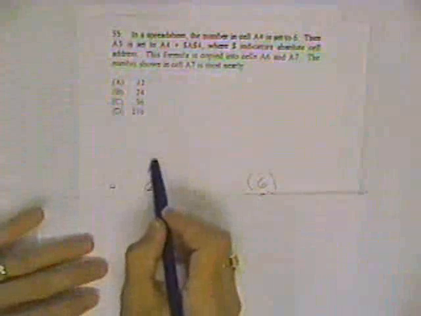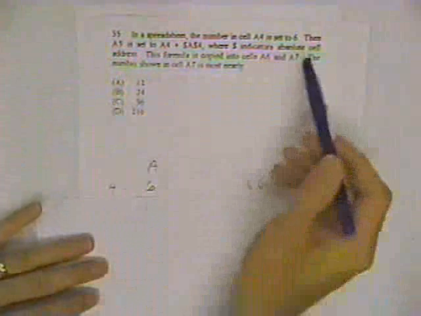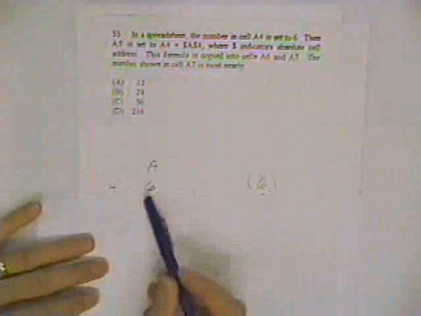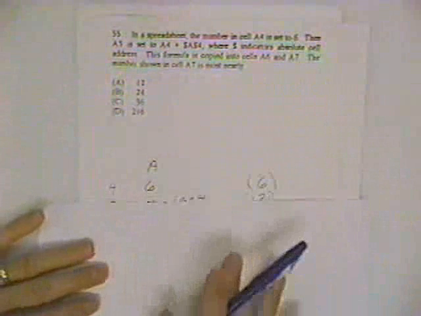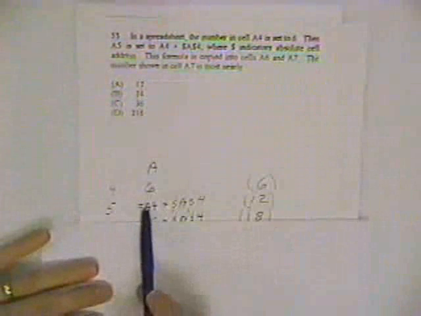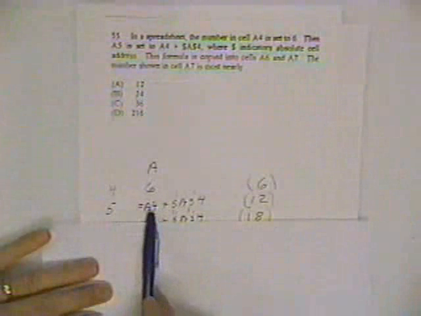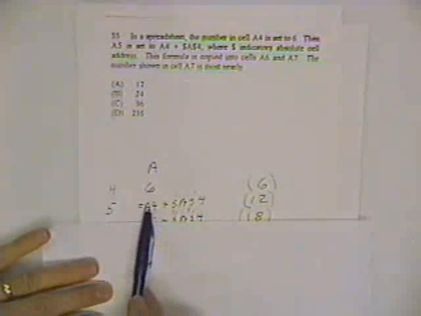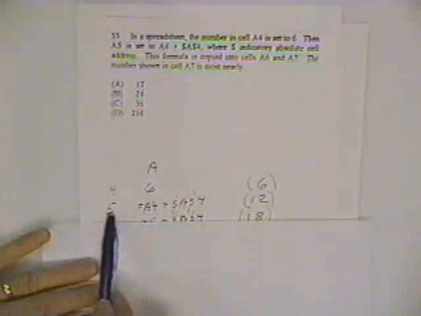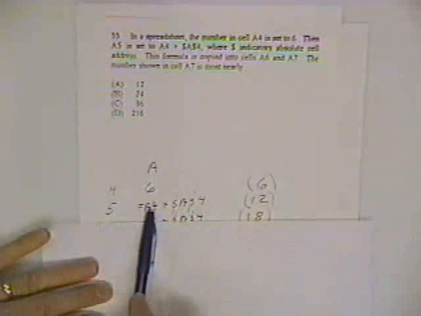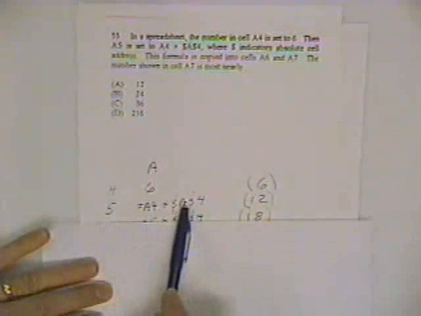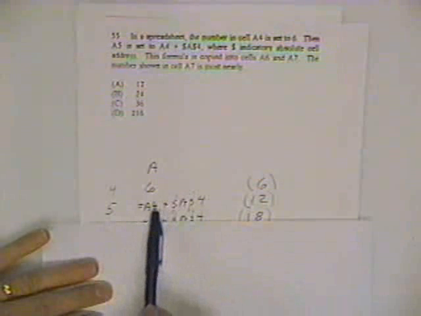For example, then, we could say in column A, row 4, the problem specifies that the value of that cell is equal to 6. Then the problem specifies that in cell A5, column A, row 5, a formula is placed there that says calculate the value in cell A5 as the value in cell A4 plus the value in cell $A$4, whereas first this is a relative address and this is an absolute address.